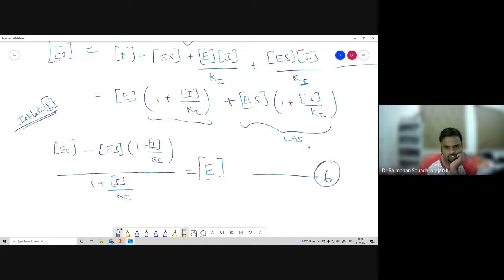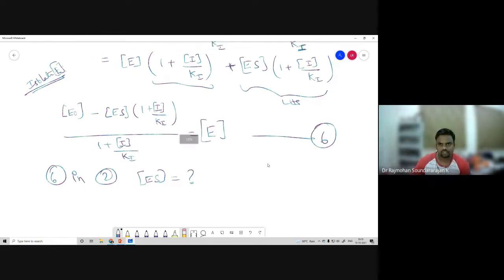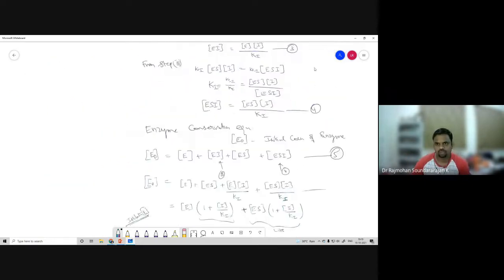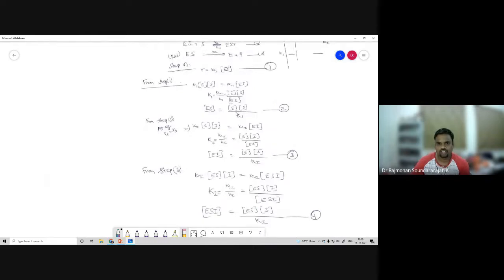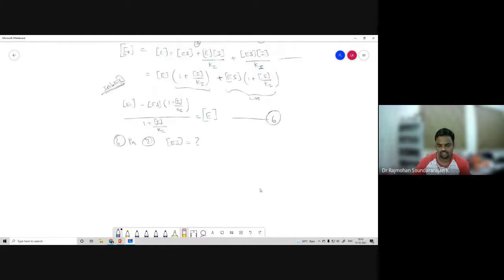Now we will substitute this equation number 6 in 2, and we will get an expression for ES. Please do it yourself. Look into equation number 2. We have ES equal to E into S by Ki. So just substitute the E value here, that is, multiply by S by Ki, and we get the ES value.